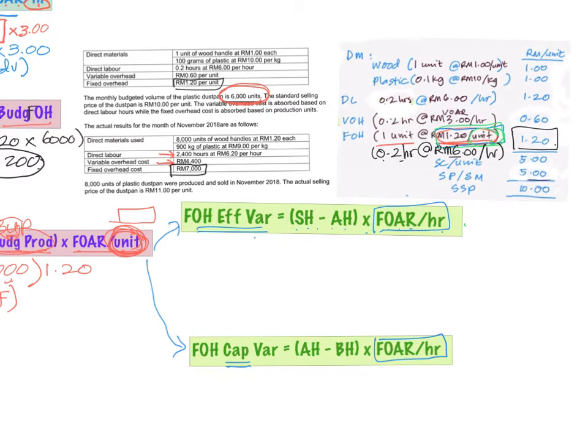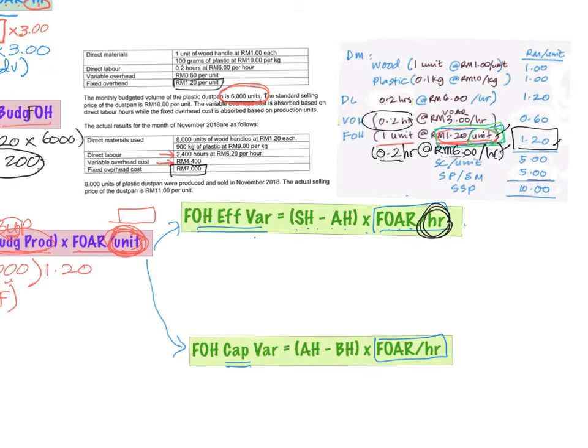So 0.2, we just follow the direct labor hour because the basis asks for our rate. So 0.2 hours at 6 ringgit per hour, you will still get 1 ringgit and 20 cent per unit. That's how you convert the unit rate onto the hourly rate. Okay, so we have calculated that.